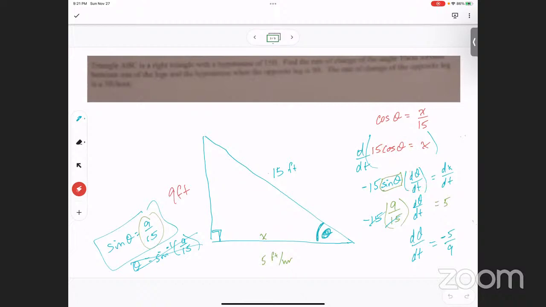You have to keep the d theta dt. And like I said, I don't know why I'm drawing a blank right here, but what the unit should be. Negative 5/9. Radians. I think it's going to have to be radians per hour, maybe.